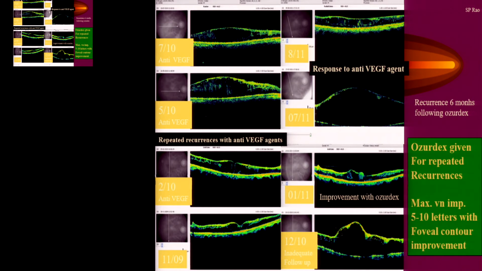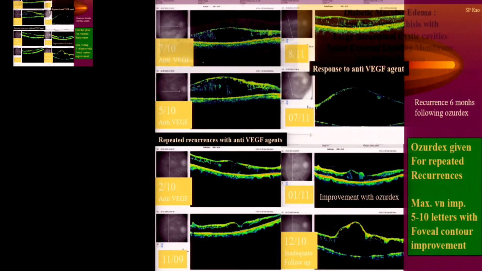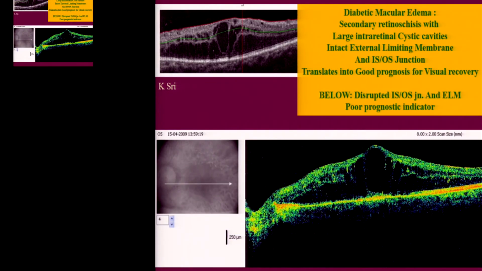What can you expect from repeated steroid injections or a combination of steroid and anti-VEGF injections? The usual kind of improvement is 5 to 10 letters with improvement of the foveal contour. You really don't get more improvement than what you get with anti-VEGF agents. How can you decide which patient is likely to improve? Now you look carefully.